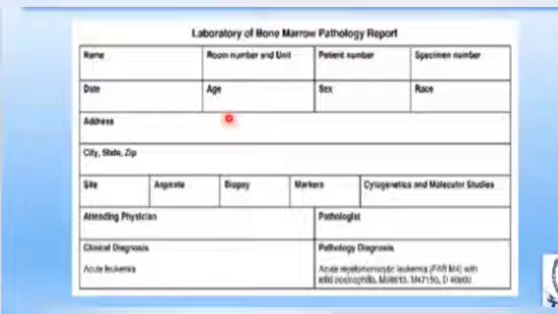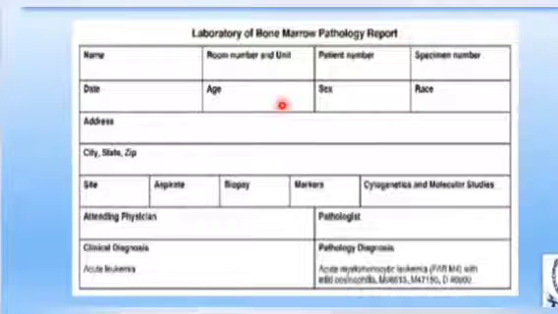Now this is a laboratory bone marrow report, and here you are looking for the name, room number, patient number, specimen number, then the date, age, sex, and which race he or she belongs to.